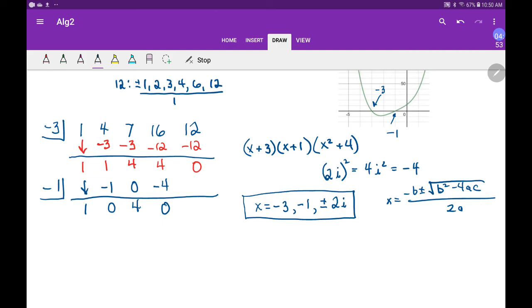So a is equal to 1, c is equal to 4, and you can see that b is not there, so b is equal to 0. You plug those in, and you'll see that you get 2i. Or you can just spot it. If it's as simple as x squared plus 4, I think you'll get to the point pretty quickly where you can just spot that.